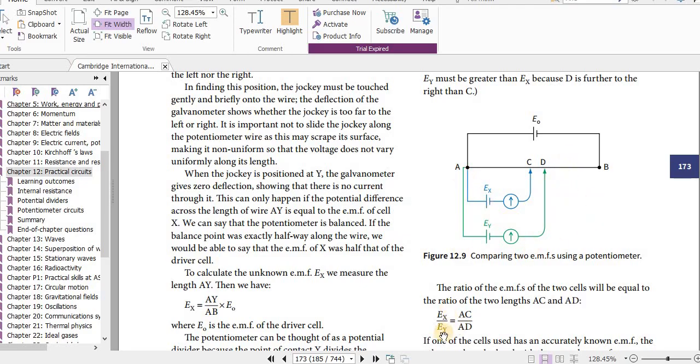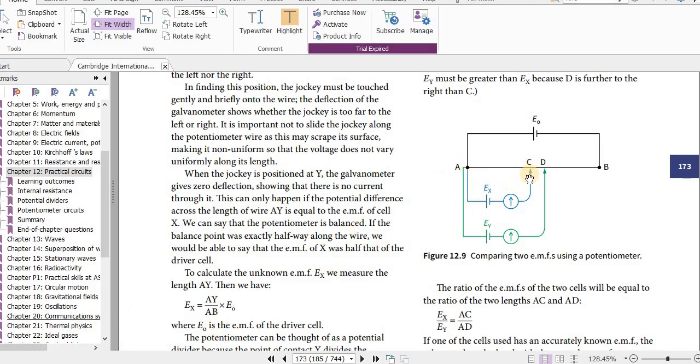Now how do we know this is part over whole? Because this is a smaller length and it's the same length of wire. ACDB is just a single wire. ACDB, or we can say simply AB, is a single wire. So rho and area of cross section A are the same. That means now we can directly use this equation.